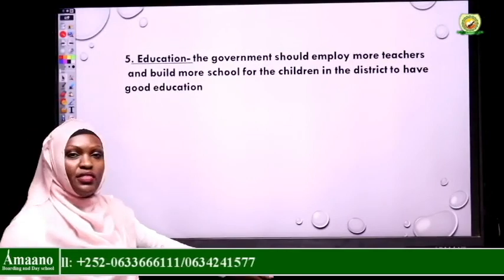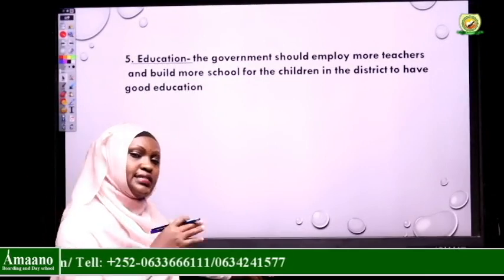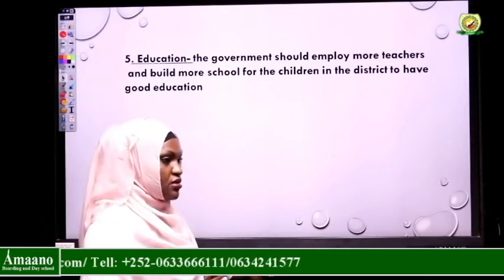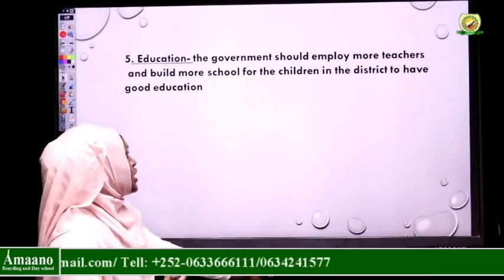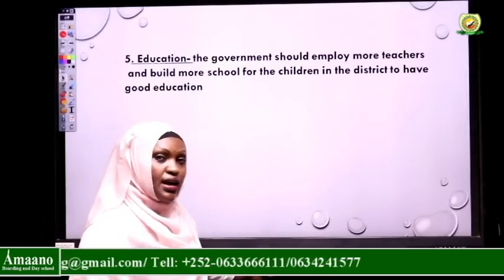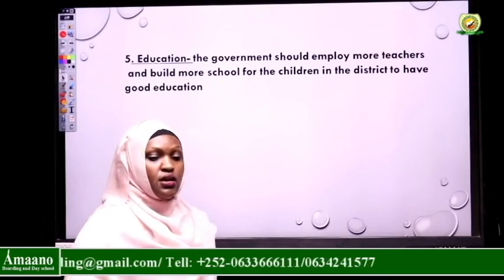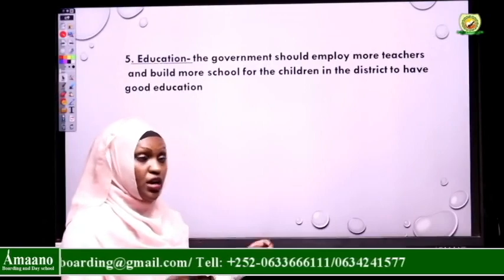So what will happen there? The children will just go there, and at the end of the day they don't get a good education. They're just there. So in a district, this is what the government should ensure: that there are more schools, and that in every school there are enough teachers who can take care of the children.